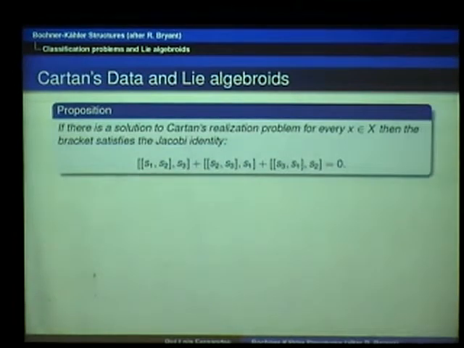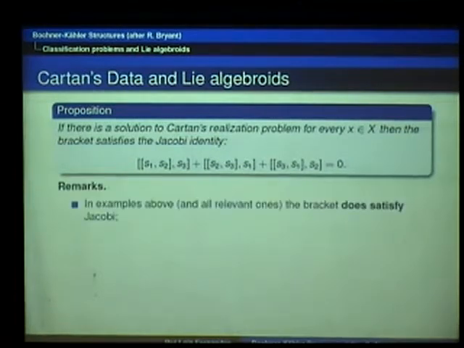And the first thing that you note is that if you somehow know that there is a solution to the problem for any point in X, which means for any possible values of the invariant, then you check that this bracket that I defined is actually a Lie bracket. It satisfies the Jacobi identity. Okay? And that turns out to be quite important.